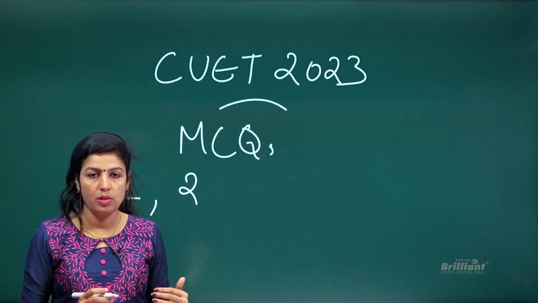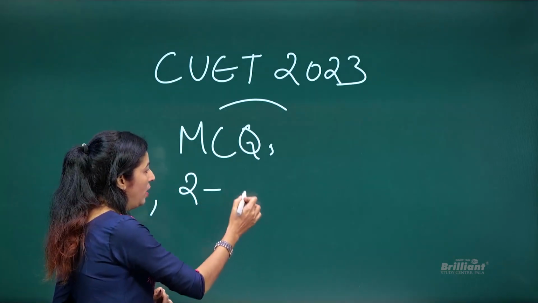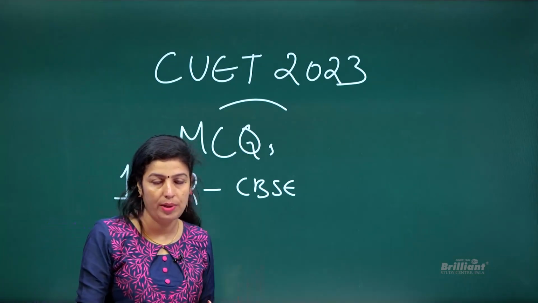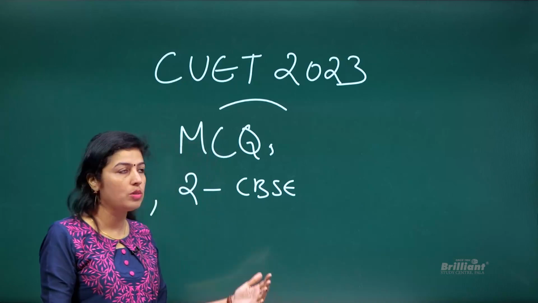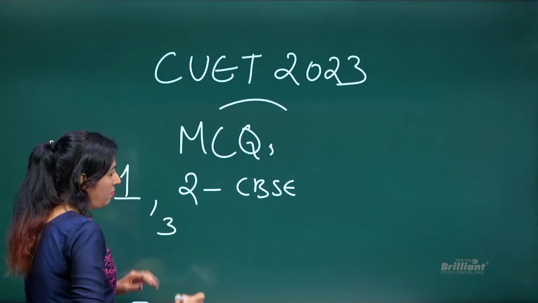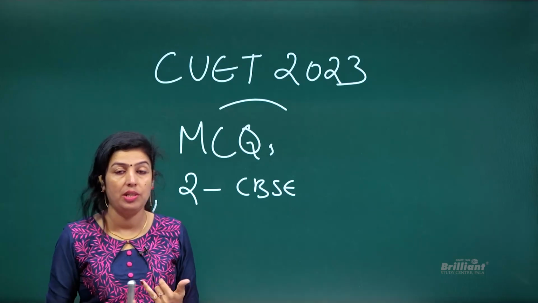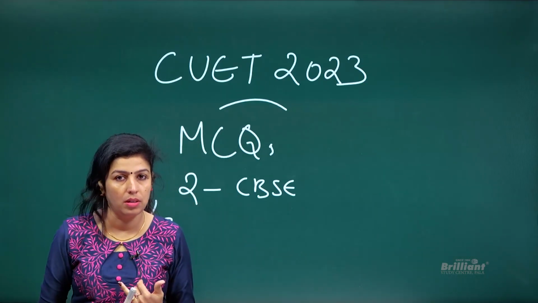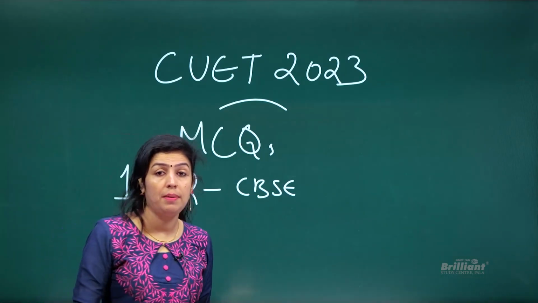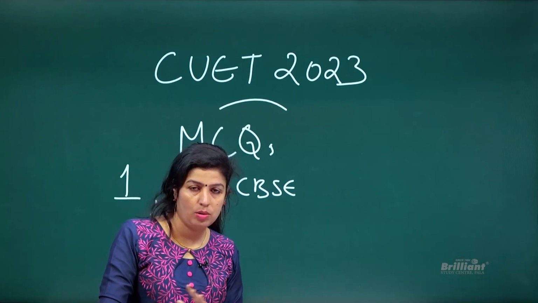These are questions based on the CBSE syllabus for class 12, and those questions are also MCQs. Then we have one more section, with questions based on GK, general knowledge, current affairs, general mental ability, and numerical ability. These are given in the third section, and that also will be MCQs.